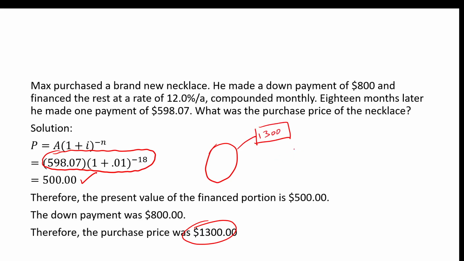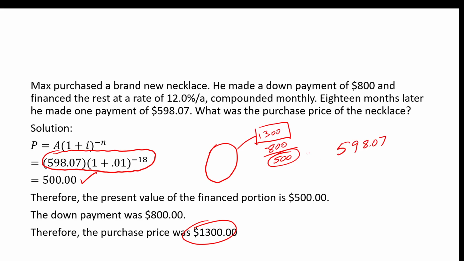Max says, you know what, I don't have $1,300, so I'll give $800. Well, Max now owes $500. So Max is allowed to take the necklace home, but has to pay interest. So what he does is he 1.5 years later gives them $598.07.